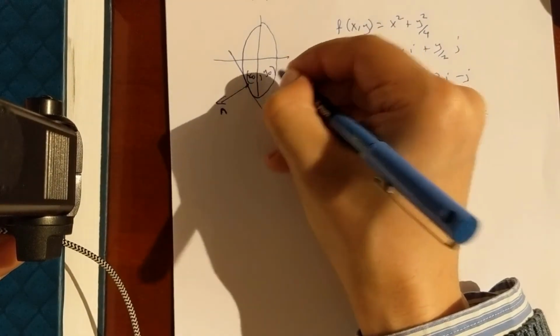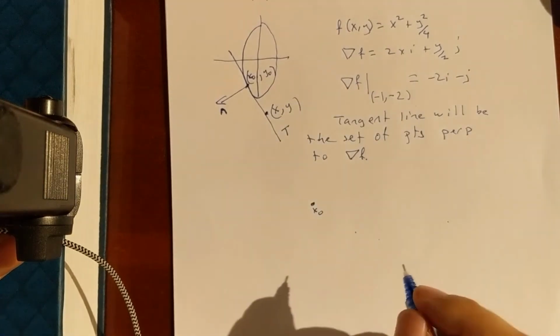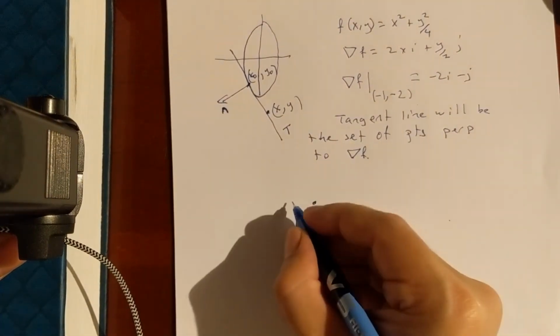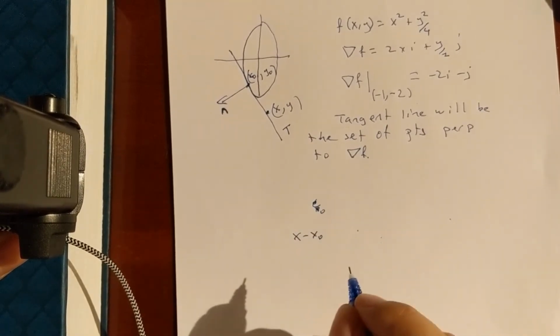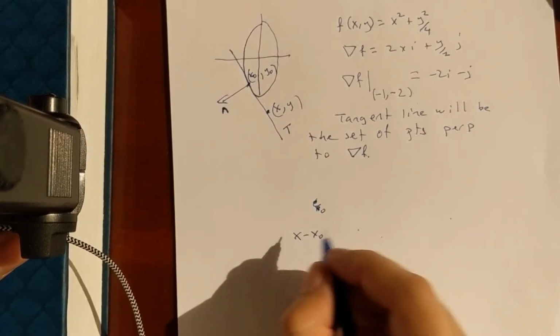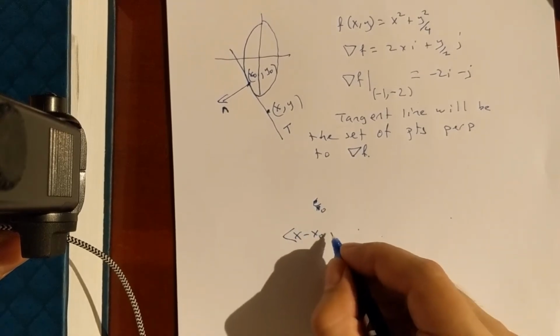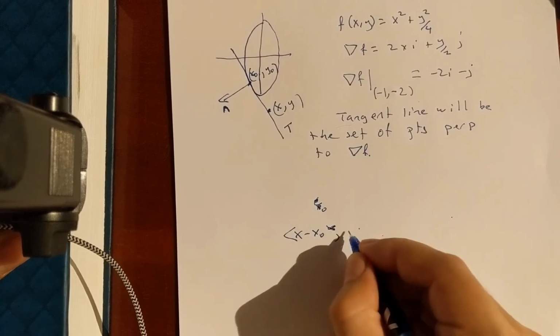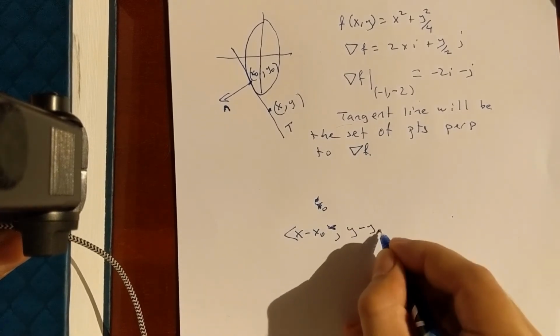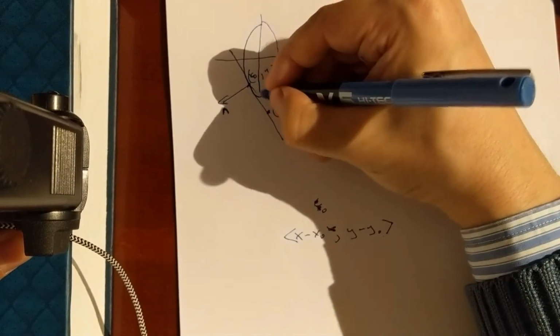Sorry, let's put these as points. Okay, so what needs to be true is x minus x naught, right? That's a vector. It's x minus x naught, comma, y minus y naught. That would be that vector. It would be this vector here.